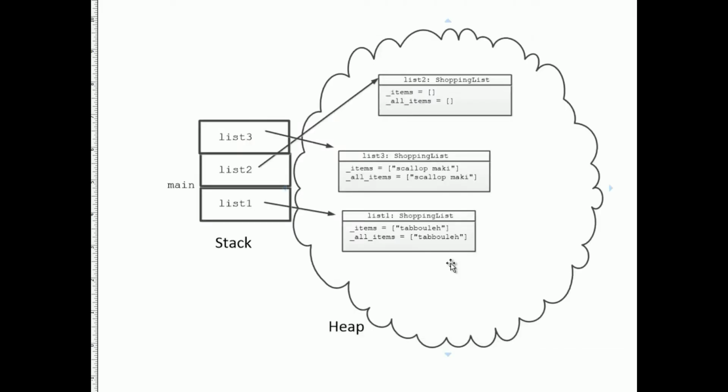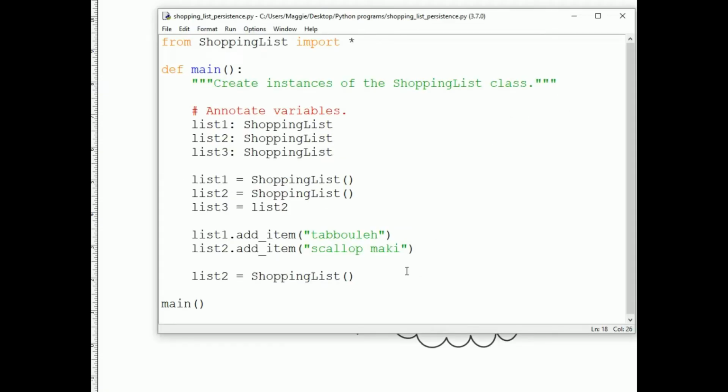The old list2, I've now renamed it list3 in memory, and it's still hanging around and not marked for garbage collection because list3 still references it. And here we have the new list2, which has an empty shopping list and an empty list of all items. Let's make a fourth object using the list1 reference.